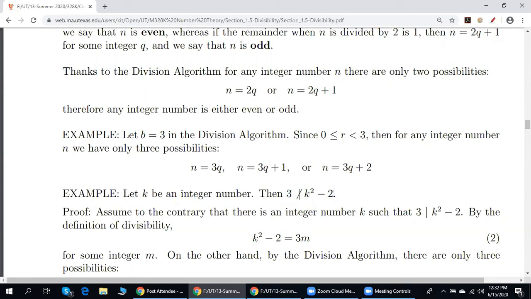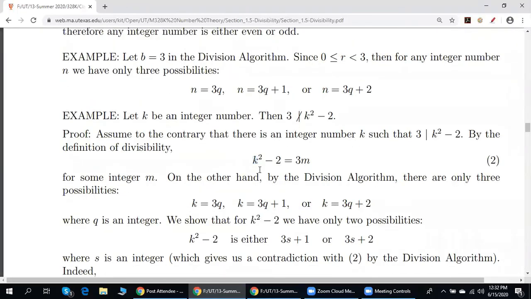If k squared minus 2 is divisible by 3, k squared minus 2 is 3 times some integer, correct? Yeah. But now, thanks to this, for this k, there are only 3 possibilities. k is either 3q, or 3q plus 1, or 3q plus 2.